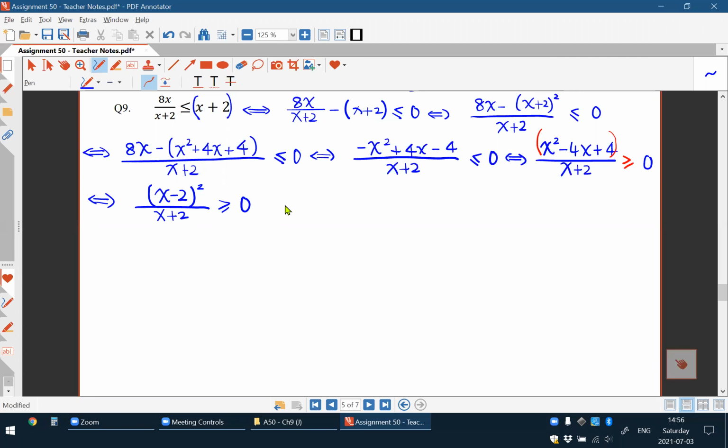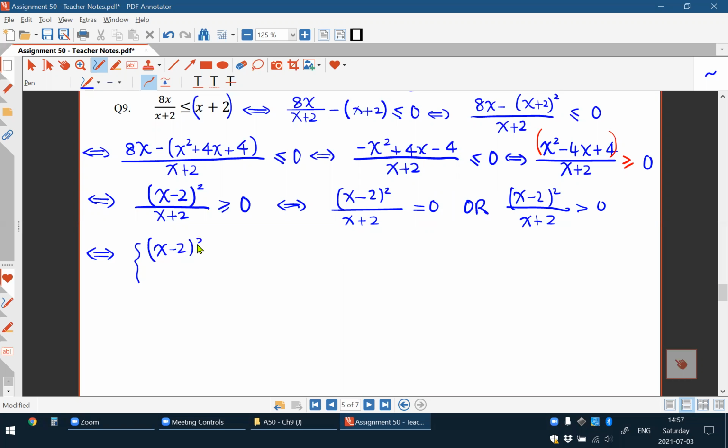Okay, so this is equivalent to either the ratio is 0 or the ratio is above 0, right? And this is equivalent to, so the solution of the equation is the numerator is 0 and at the same time the denominator is not 0.